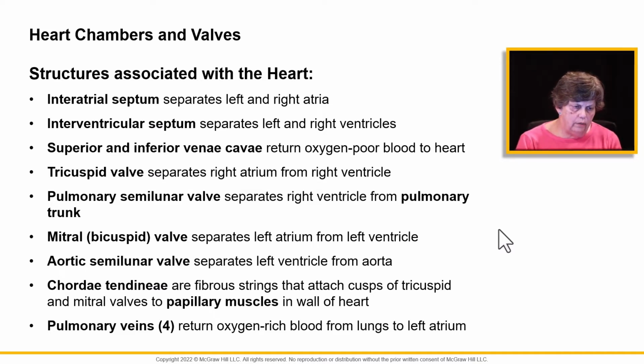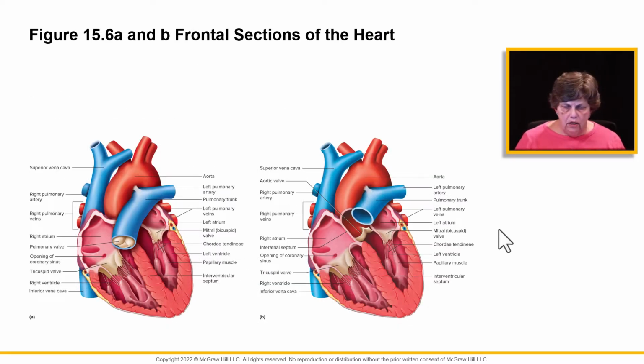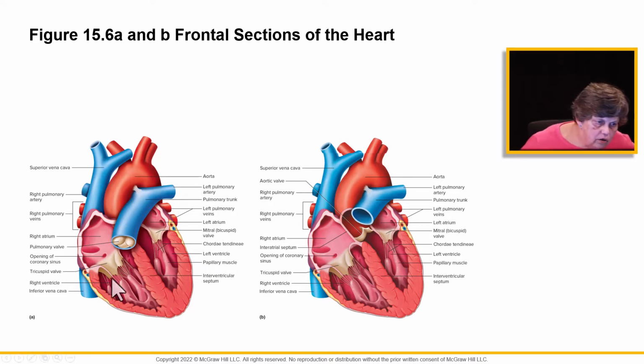We'll get into that a little bit later on. And then coming out of the pulmonary semilunar valve, you go into a pulmonary trunk and you go into the pulmonary arteries. But coming back from the lungs, you're coming back via the pulmonary veins and coming into the left atrium.